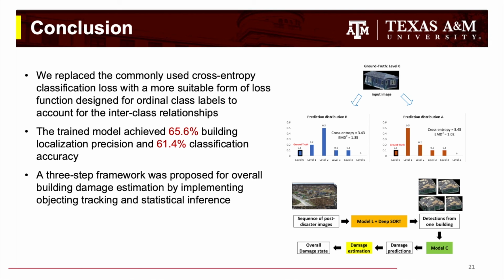And we benchmark the AI-based PDA model performance, which is 65.6 building localization precision and 61.4 damage level classification accuracy. Finally, a three-step framework was proposed for overall damage estimation by integrating both object tracking and statistical inference.